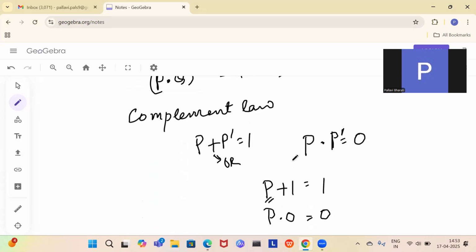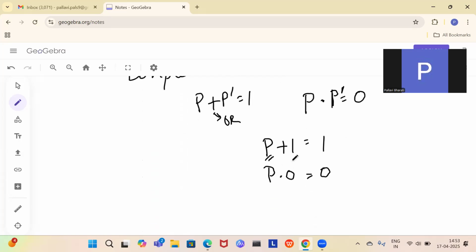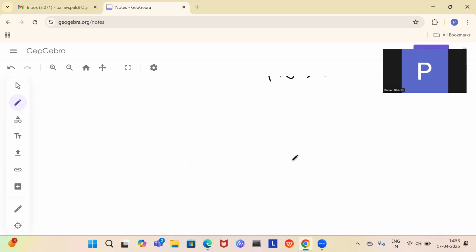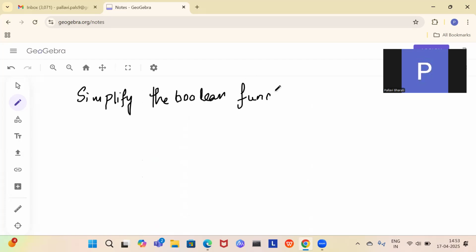Now let's do a few questions on reducing the Boolean expression. So the first question over here is, simplify the Boolean function.